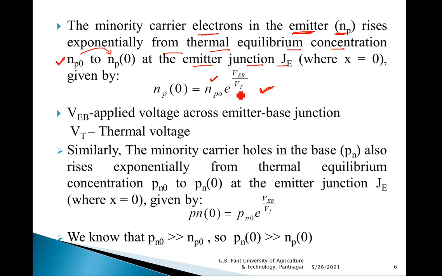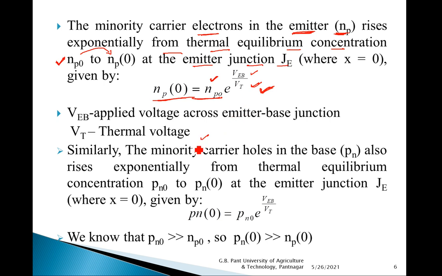So this value changes exponentially; VEB is your applied biasing voltage across JE, and VT is the thermal voltage.